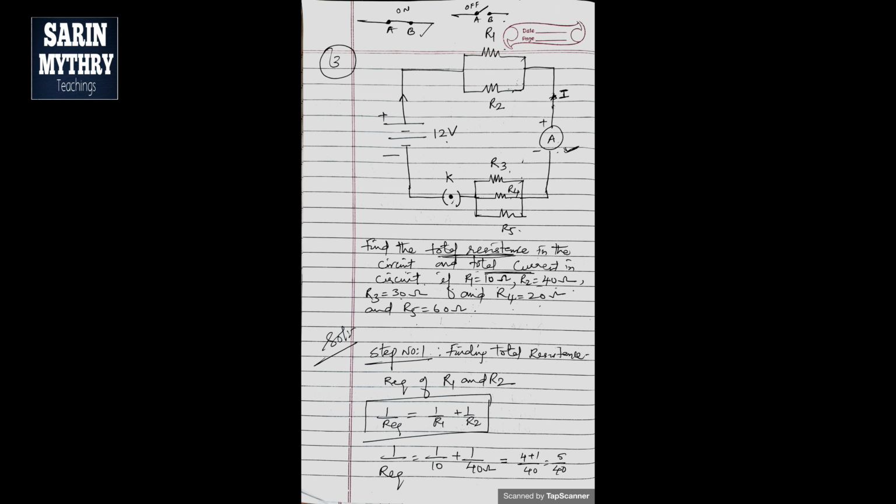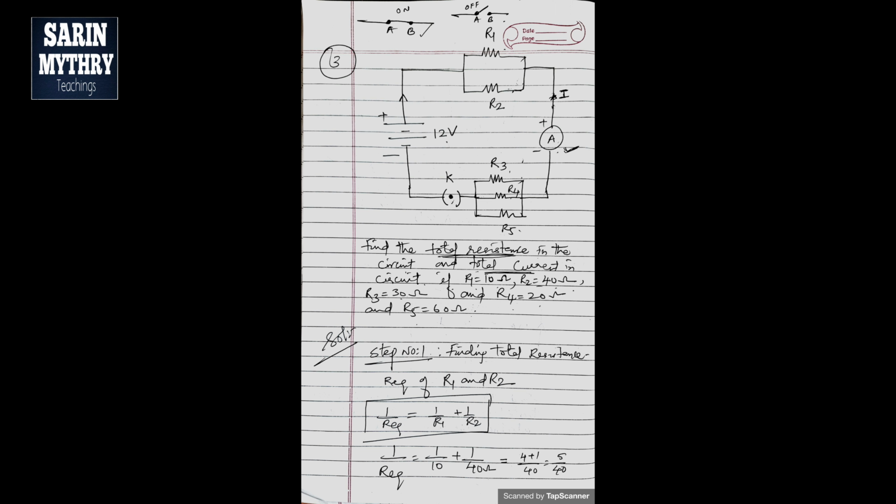So let us see the parallel combination of R1 and R2. Since 2 resistors are given, R1 and R2, I am writing the formula as 1 by R equivalent equal to 1 by R1 plus 1 by R2. R1 is 10 and R2 is 40. 1 by R equivalent equal to 1 by 10 plus 1 by 40.